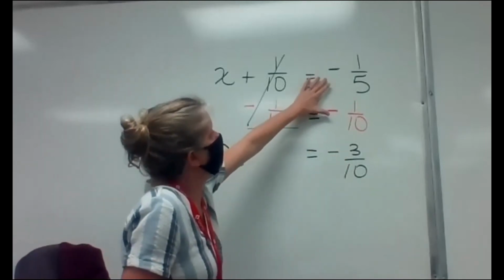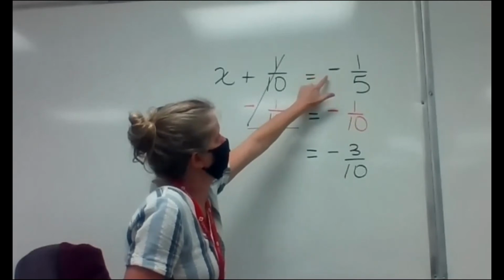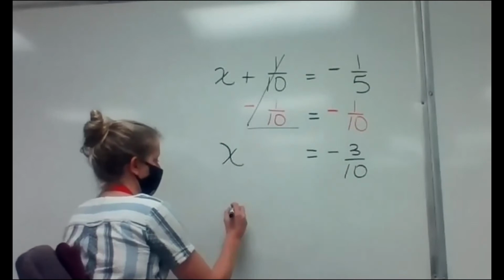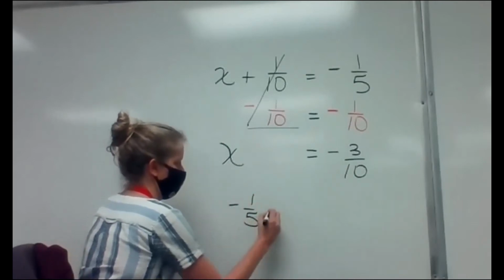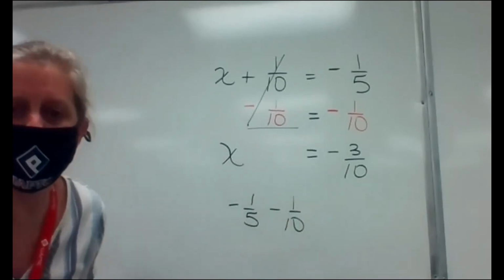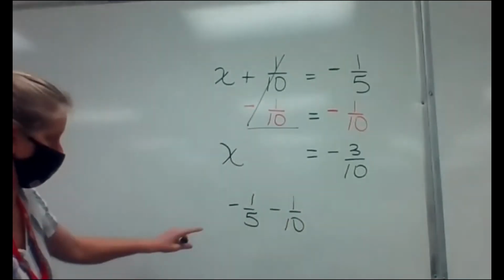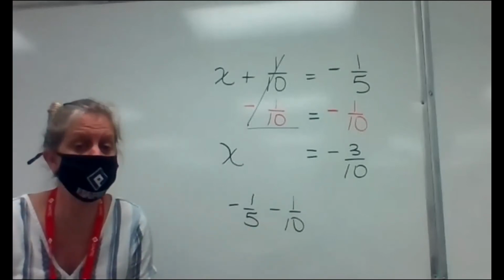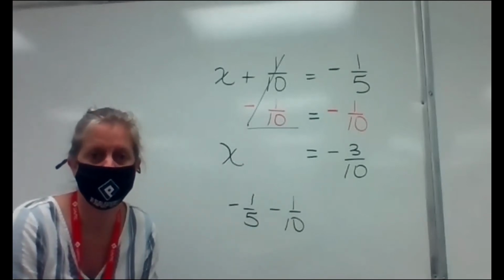So let's see, if I didn't have the calculator, I would have to do -1/5 minus 1/10. Now, the bad thing about this is my denominators are not the same. I can't just do that right now how it is.